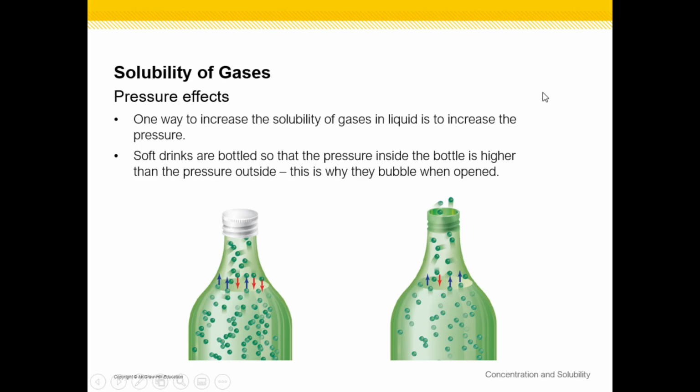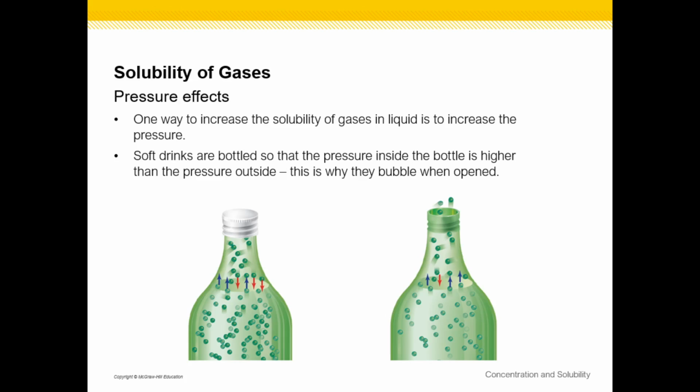We already talked about this a little bit, but we could also alter the solubility of a substance using pressure. And so if I were to have a pressure over a solution, that makes it so that particles don't want to come out of solution because there's no room for them above the solution either.